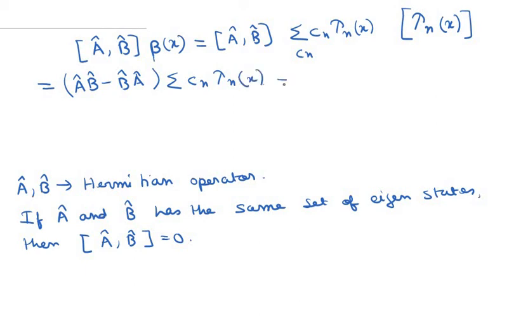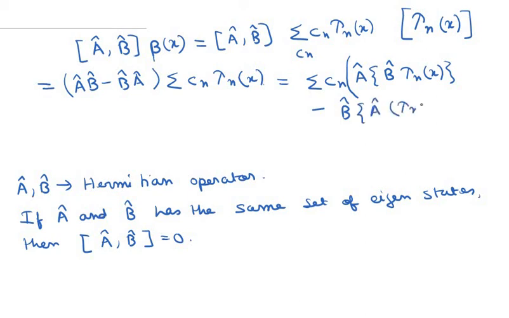Now we have the summation over n of Cn, which are constants, times the operator A B acting on lambda n x, minus the operator B with operator A acting on lambda n x.